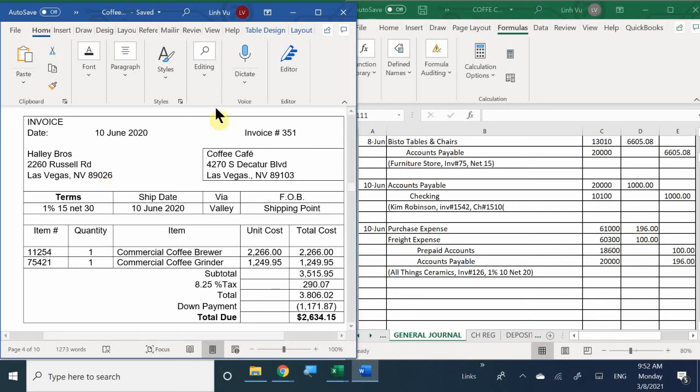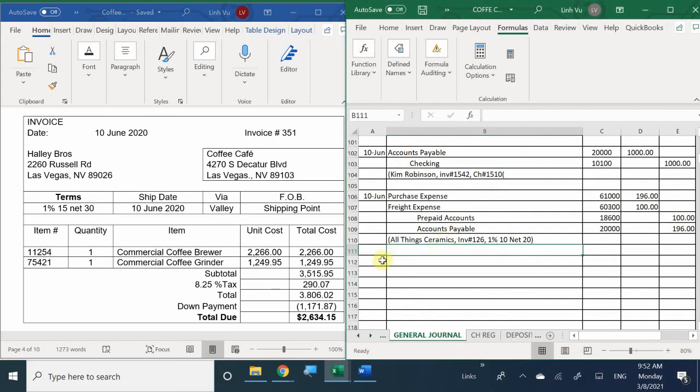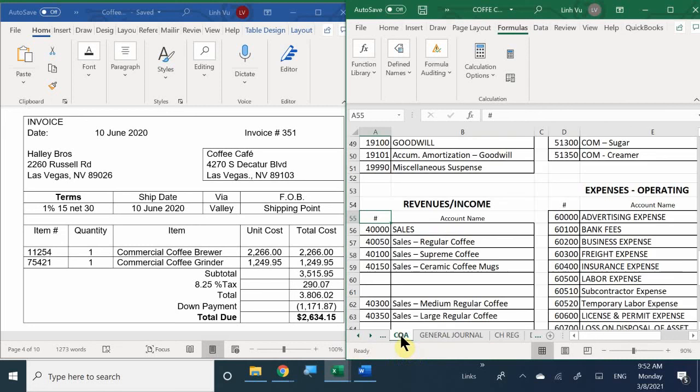All right. So first things first is I'm going to go ahead and break down my account. So it's June 10 right now. I bought a coffee brewer. Do I have a coffee brewer in my chart of accounts? Yes, we do, because remember when we acquired the company, right?